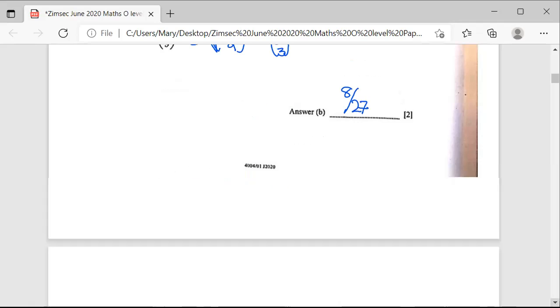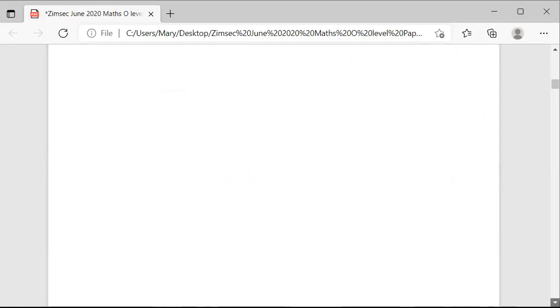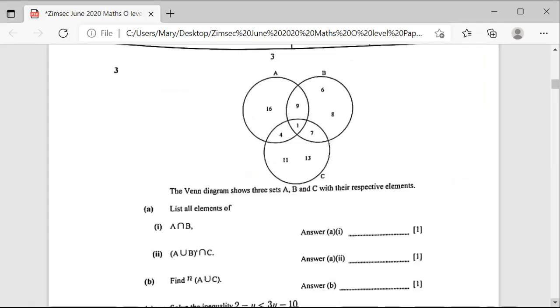Then we go to number 3. There is number 3 for you. You are given a Venn diagram. In the Venn diagram, we have got sets A, B, and C. And you are given the elements that are in A, the elements that are in B, and the elements that are in C. Now, we know their intersections.